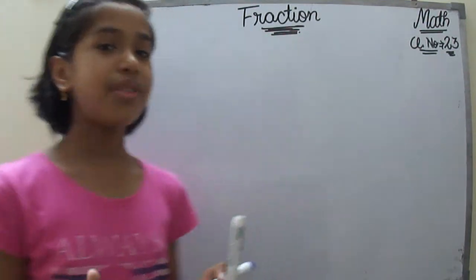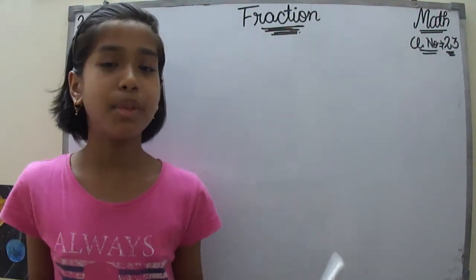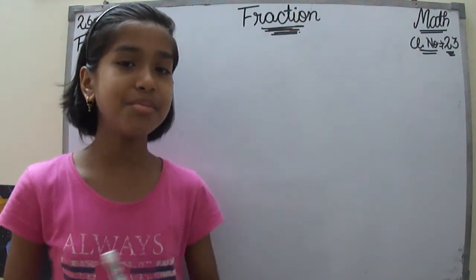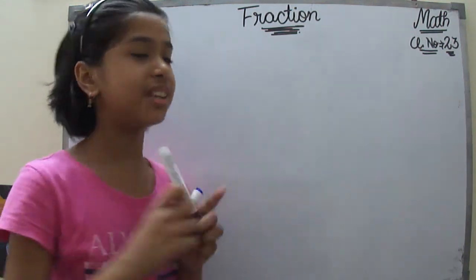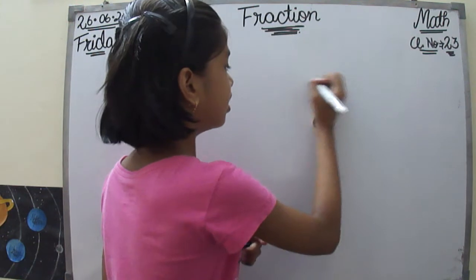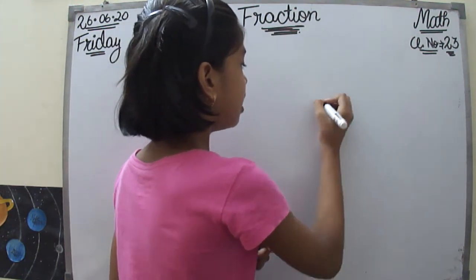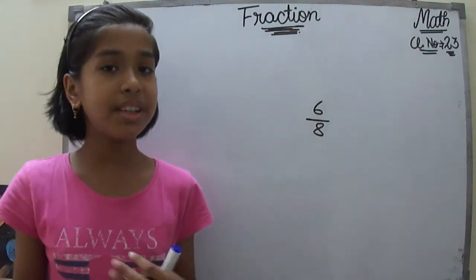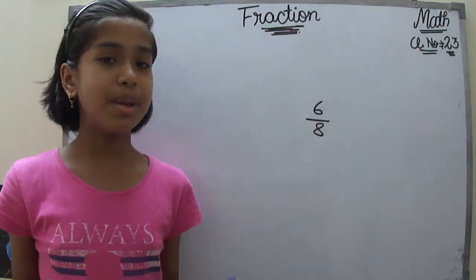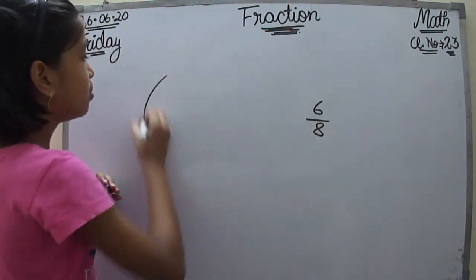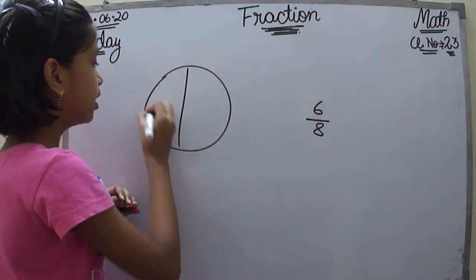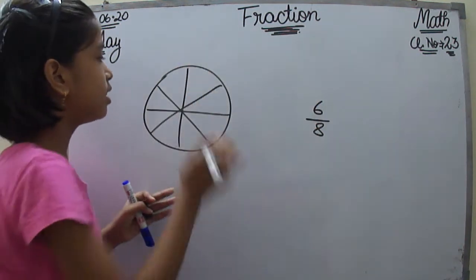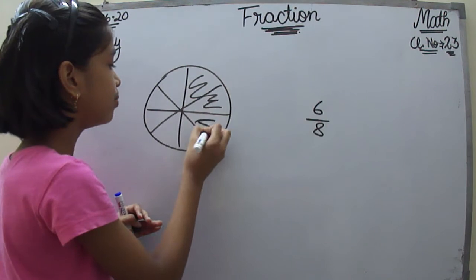Let's represent some of them with the help of diagrams. So let's have 6 upon 8. How will we represent that? Very simple. We divide a circle into 8 parts and then shade 6 of them.